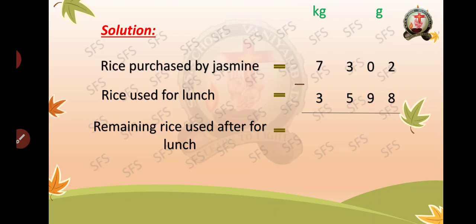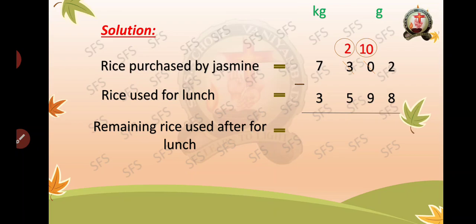So what is the neighbor number of 0? It is 3. So this 3 will become 2. Then it has given the number to 0. So this 0 will become 10. Isn't it, children?